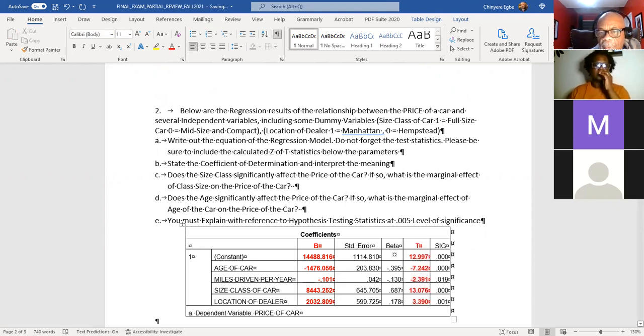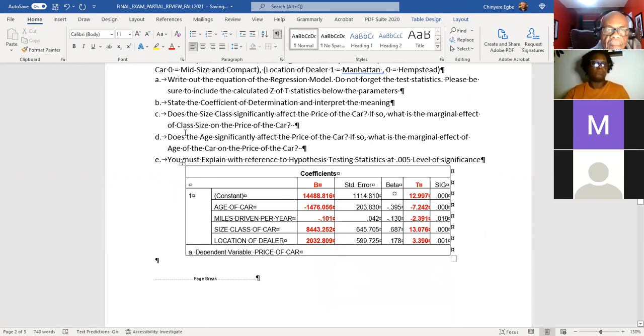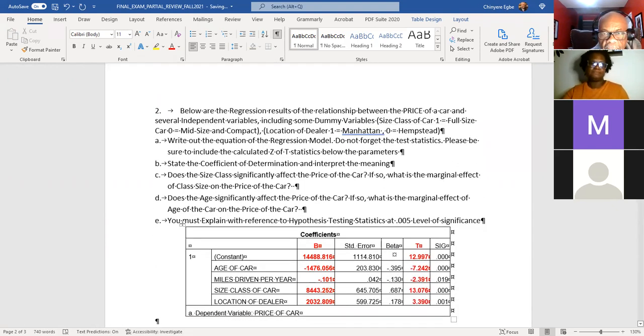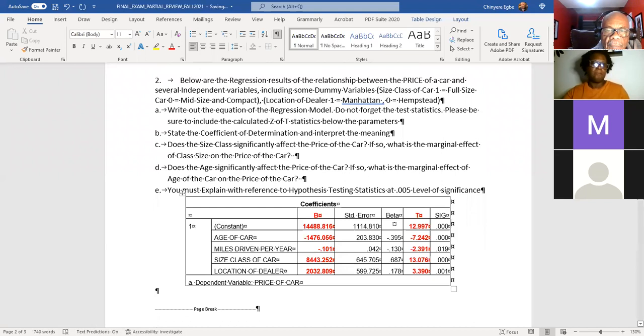So the question then will be for you to go through, if I said, state the coefficient of determination and interpret the meaning. In this problem, I did not disclose the coefficient of determination here, but if I give you an assignment and ask you to state the coefficient of determination and interpret its meaning, you should be able to do so.